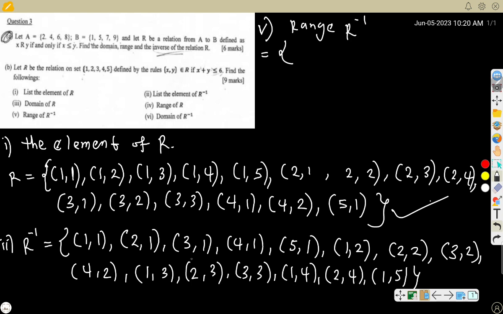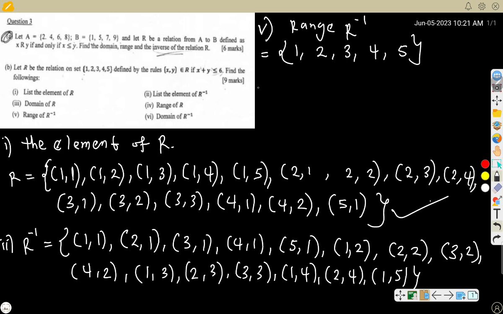So this is our R inverse. So pick the second number only. So that is 1, 2, 3, 4, 5. Only the second number.